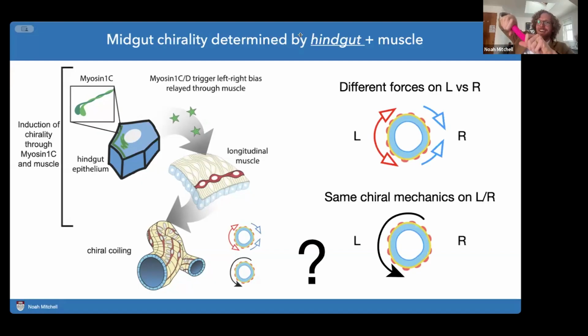I have my little prop here, that twists into the proper chirality through active shear in the tissue surface.